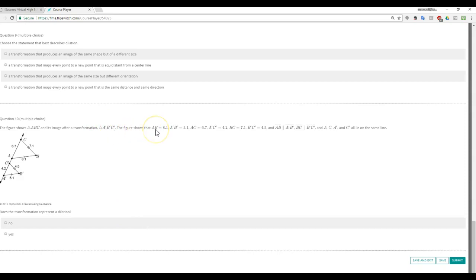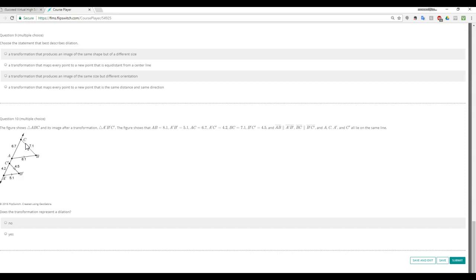The figure shows that the length of AB is equal to 8.1, the length of A prime B prime is equal to 5.1, the length of AC is equal to 6.7, the length of A prime C prime is equal to 4.2, the length of BC is equal to 7.1, the length of B prime C prime is equal to 4.5, and segment AB is parallel to segment A prime B prime, segment BC is parallel to segment B prime C prime, and AC, A prime, and C prime all lie on the same line, which is demonstrated in this diagram.